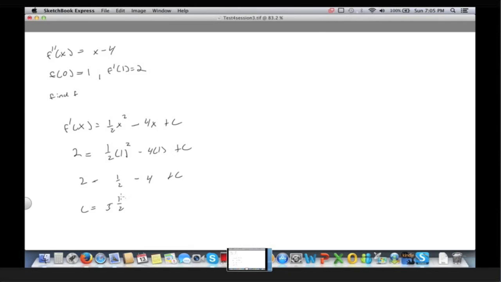So now we can plug this in. f prime of x is equal to 1 half x squared minus 4x plus 5 1/2.